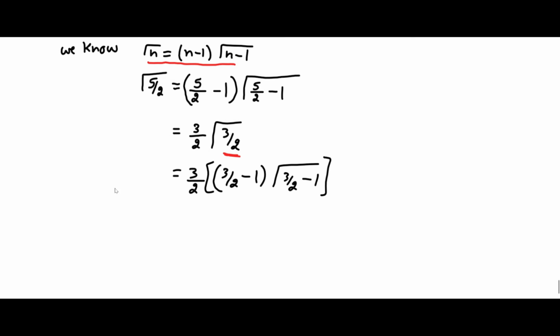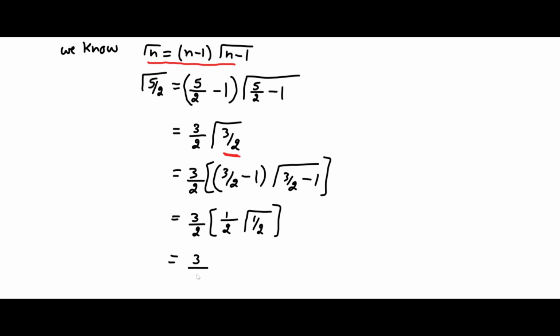If you simplify this further, you get 3 by 2, and 3 by 2 minus 1 is 1 by 2, and gamma of 3 by 2 minus 1 is gamma of 1 by 2. Let us multiply it.